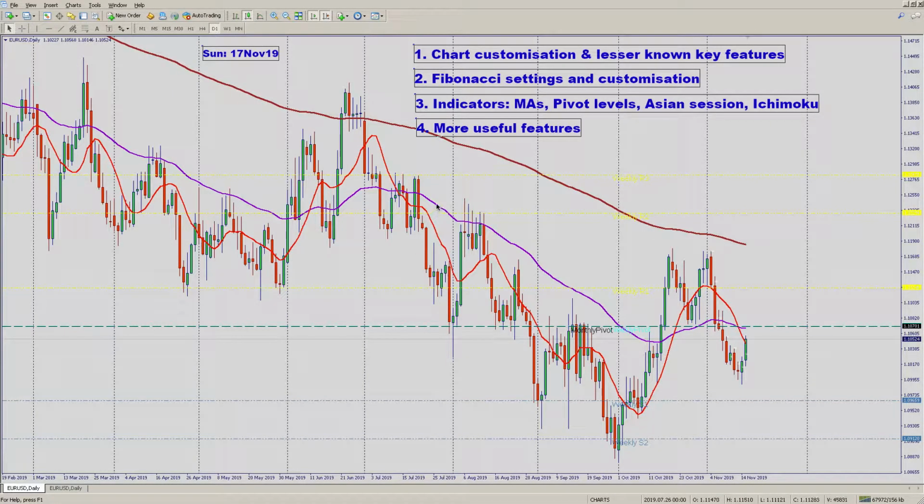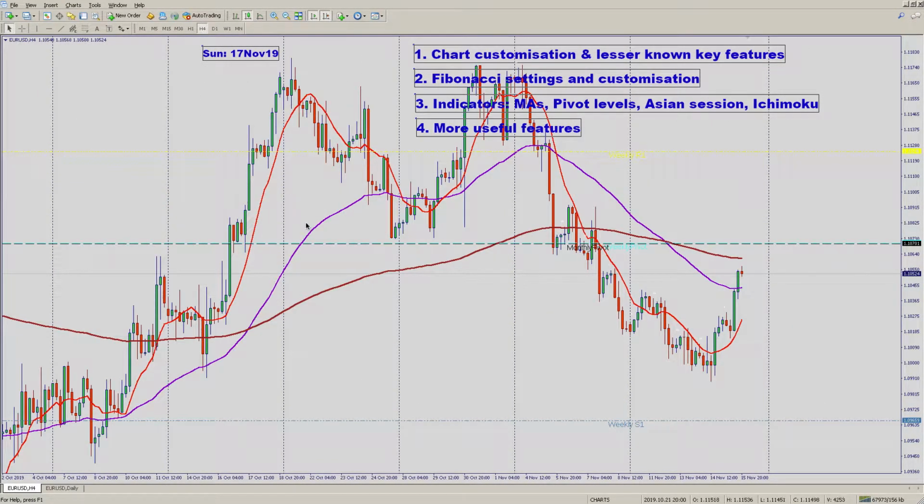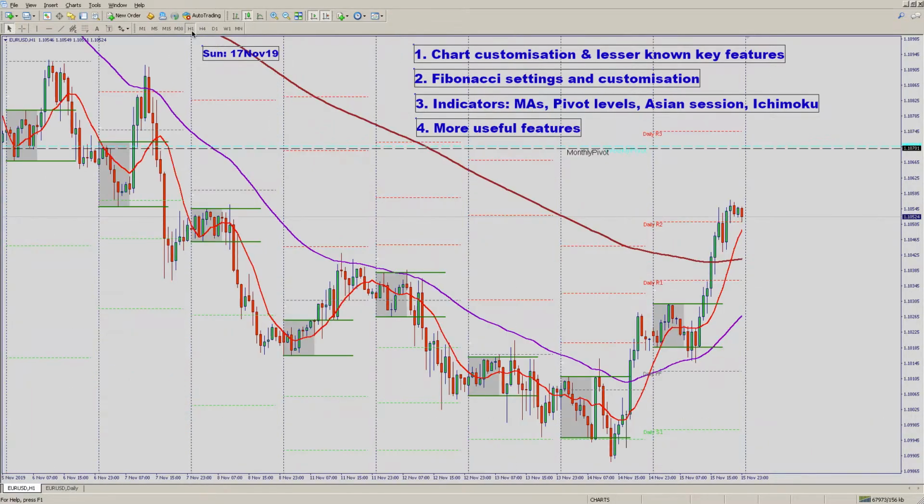But the key thing to note is that when you change time frame, these moving averages remain the same, but actually there is significance when you do change time frame. So let's go to the 1 hour time frame, and we still have the 3 moving averages. For now, don't worry too much about the short-term moving average.